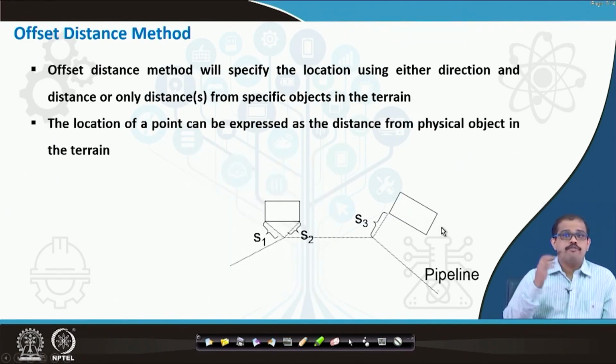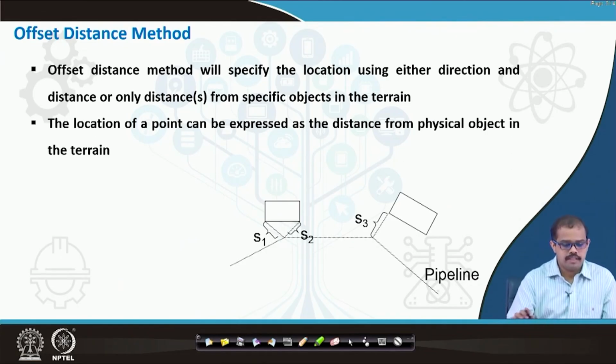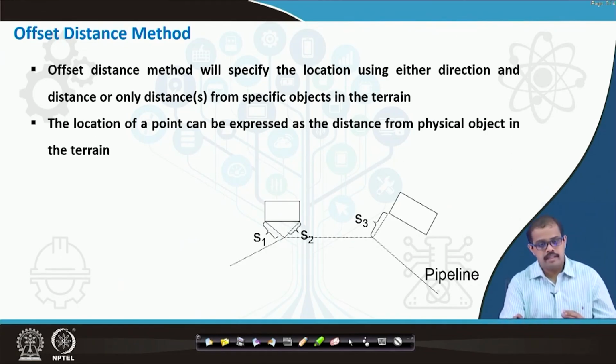The next thing is offset distance. This is also a kind of continuous georeferencing, where offset distance methods specify the location with either direction and distance, or only distances from a specific object on the terrain.